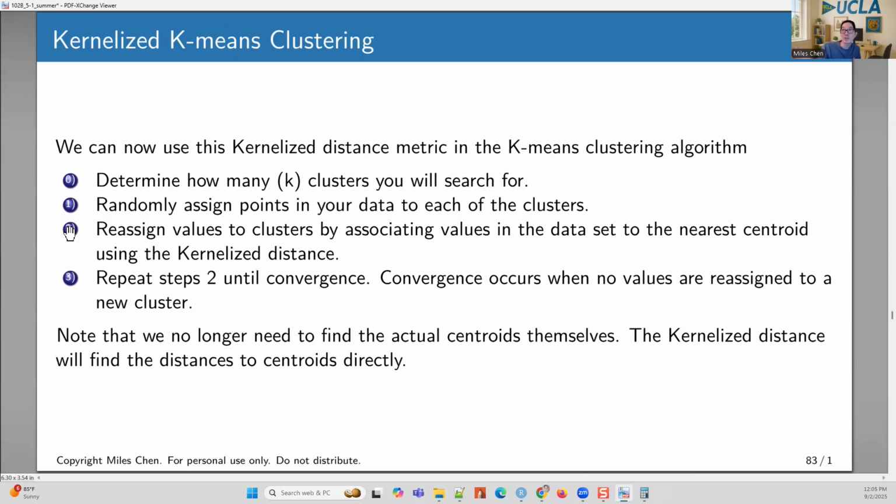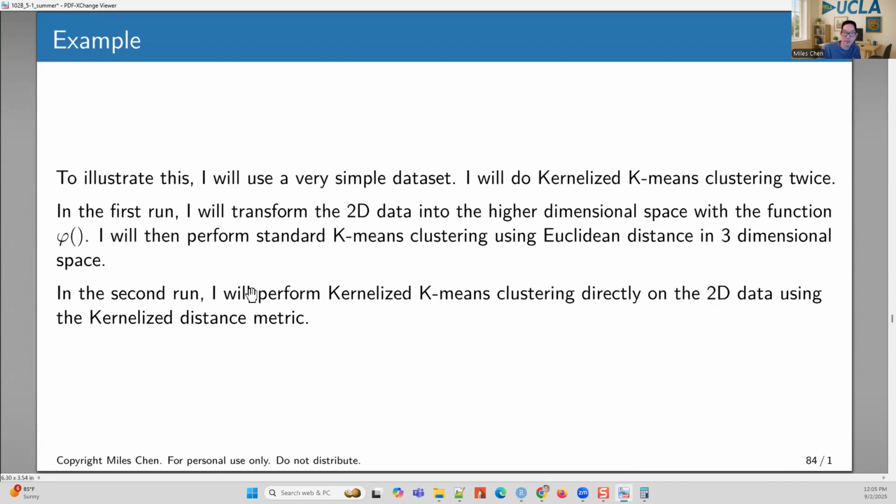So without recalculating centroids, you just recalculate the distances. You recalculate your distances, reassign the points. Recalculate distances, reassign the points. And you recalculate the distances to the nearest centroid without actually having to figure out the centroid itself. And it works. Okay.